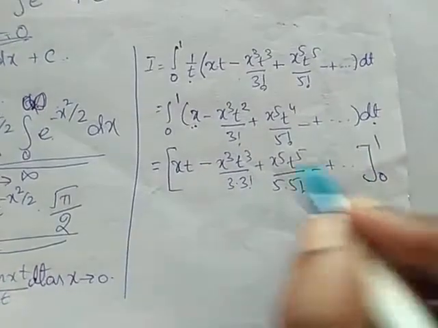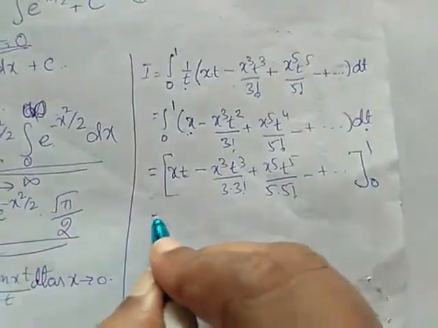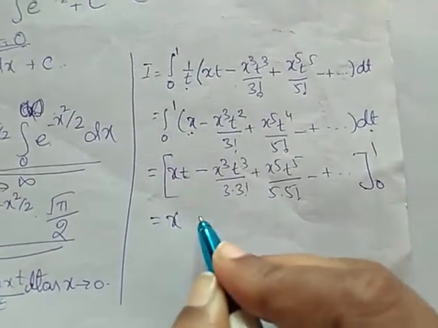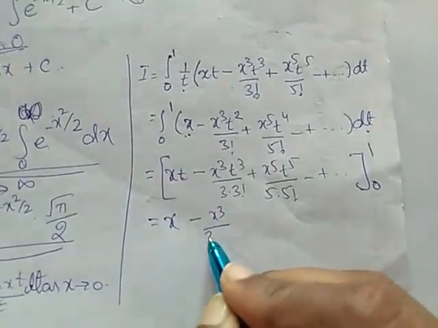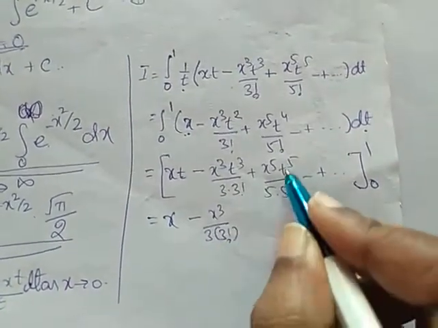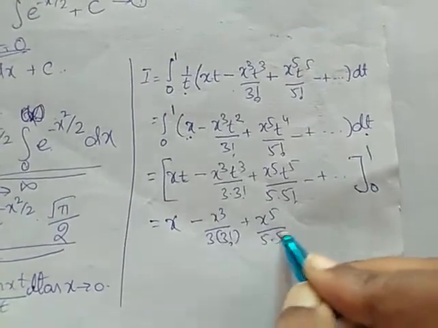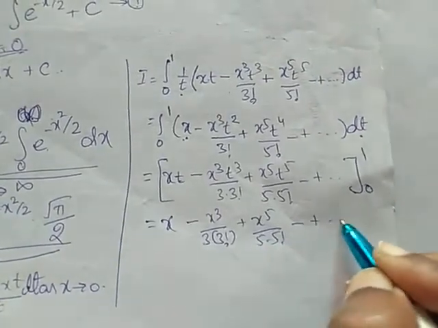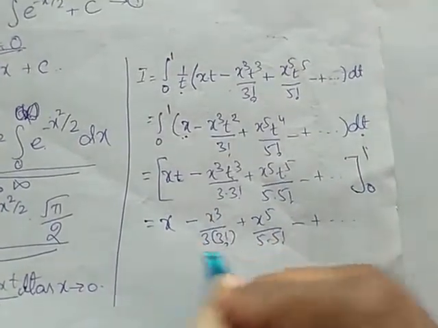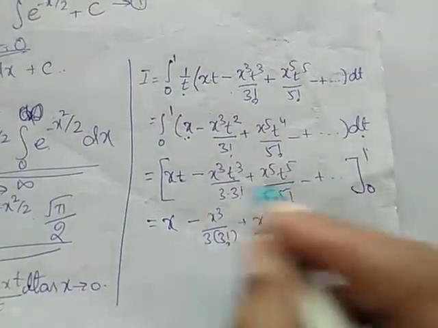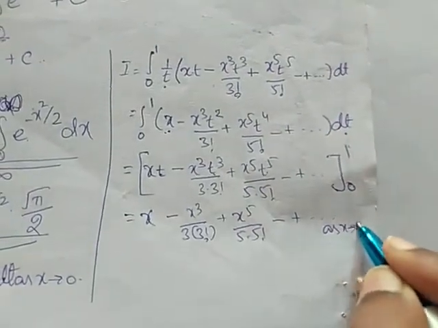When I substitute the limit t as 1, we will get x minus x cube by 3 into 3 factorial plus x power 5 by 5 into 5 factorial, etc. I have substituted t as 1, this is our upper limit, minus 0 for our lower limit. So this is as x tends to 0.